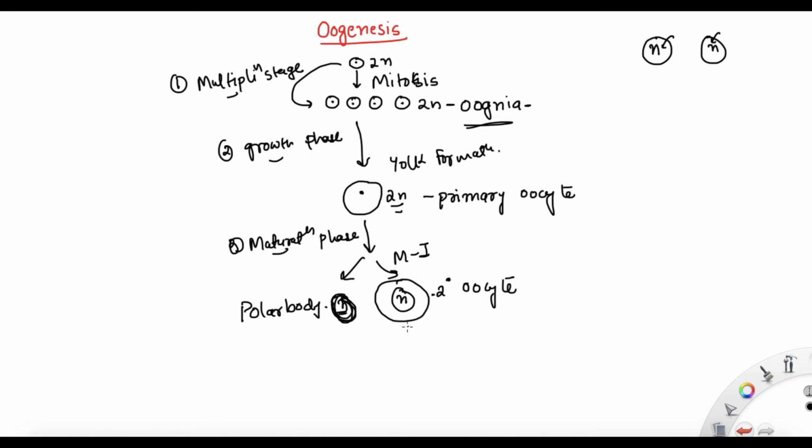So the distribution of cytoplasm is not equal at the first meiotic division. The formation of the polar body is happening to help the oocyte reduce the genome, because that is what we want at the end. We want a haploid gamete. So that's why the polar body is formed here.